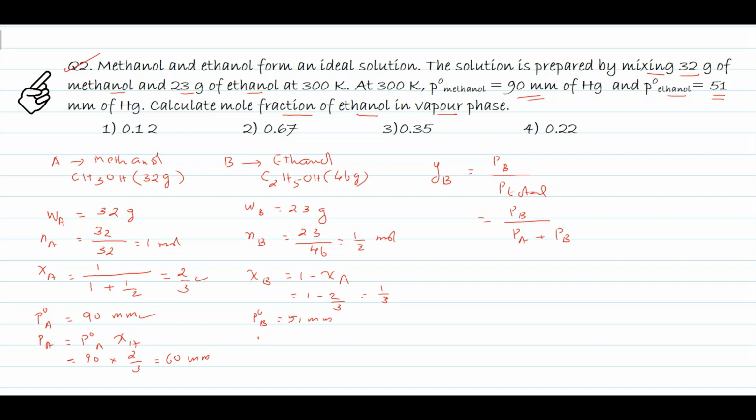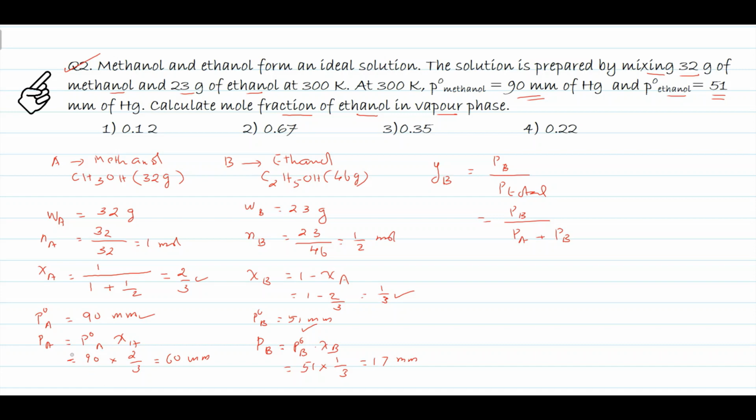Then the partial pressure of ethanol, PB, is equal to P0B times Xb, correct? Here P0B is 51 into Xb. Xb means 1 by 3. So PB becomes equal to 17 mm.